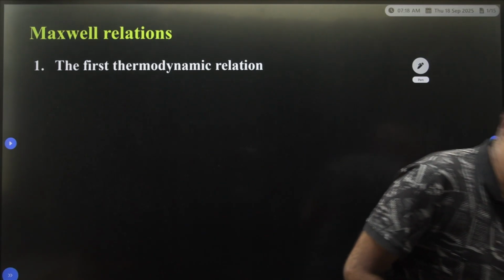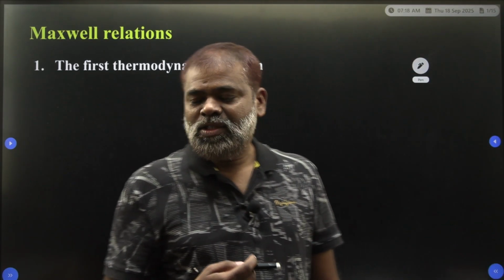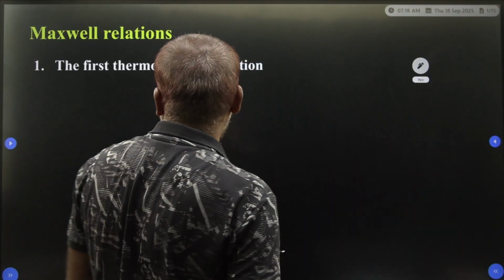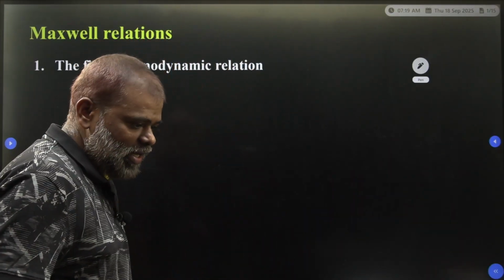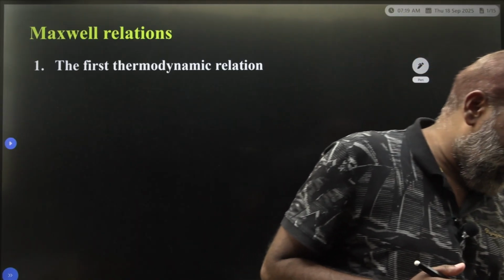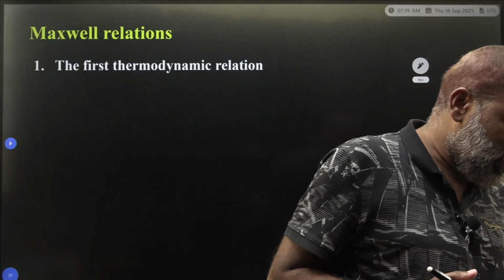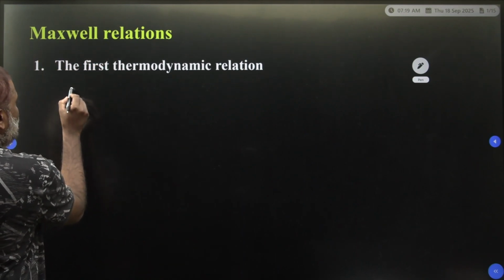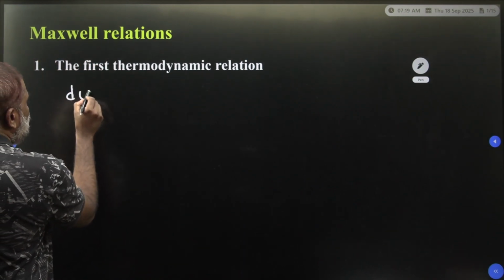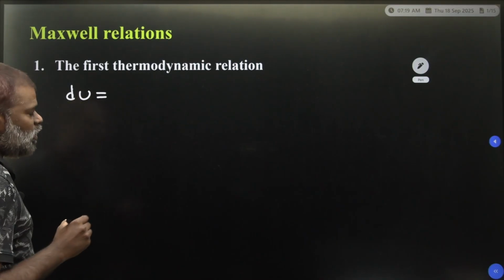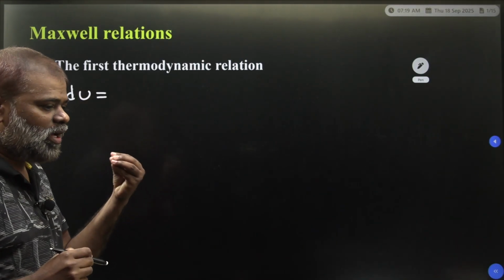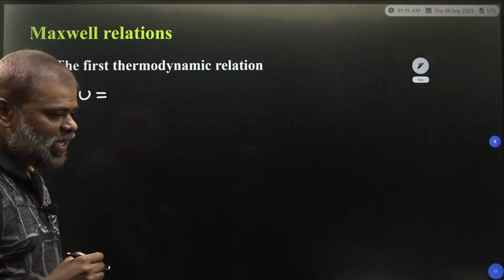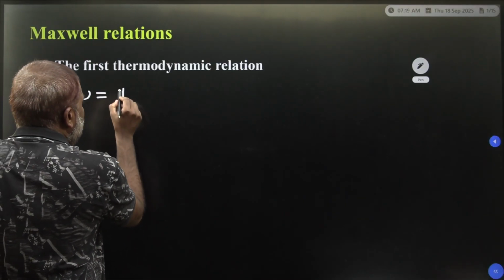First, let us see the first thermodynamic relation. What is the first thermodynamic relation? You know that the change in internal energy dU is equal to, according to the first thermodynamic relation, TdS minus PdV.